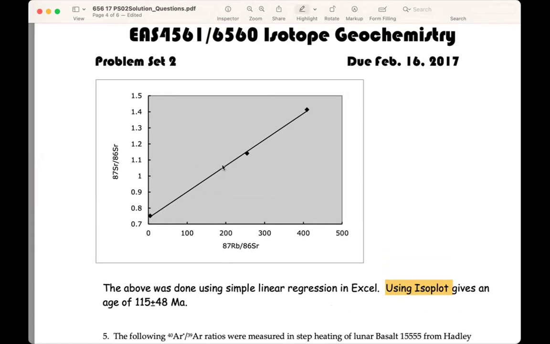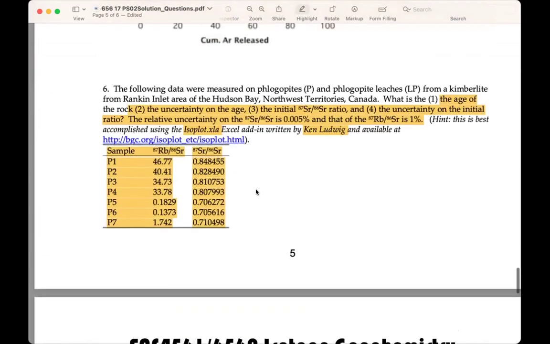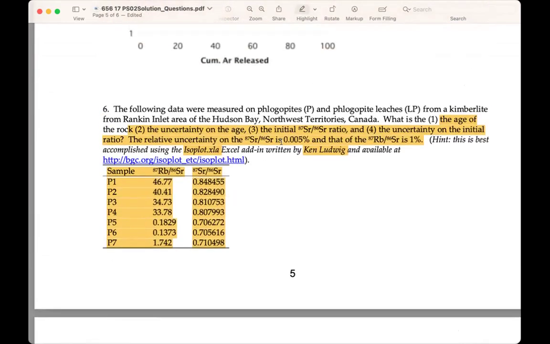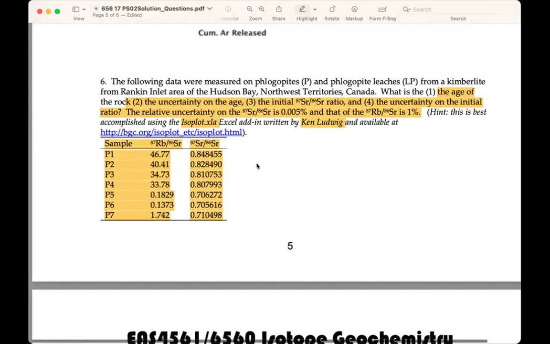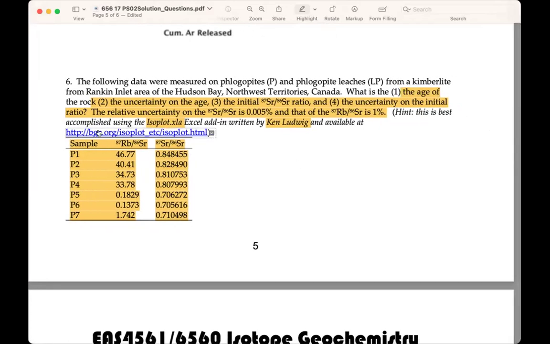So that's why you need to have arbitrary points in between to find out the gradient. And then what I was discussing about this question, where you have the link also to Isoplot. This is done through Isoplot, but I suggest you do it using the manual method with the graph sheet, and calculate the age of the rock, and also the initial isotope ratio.